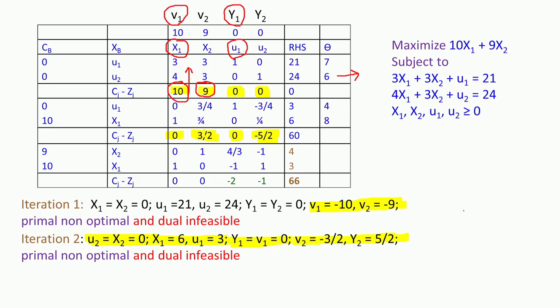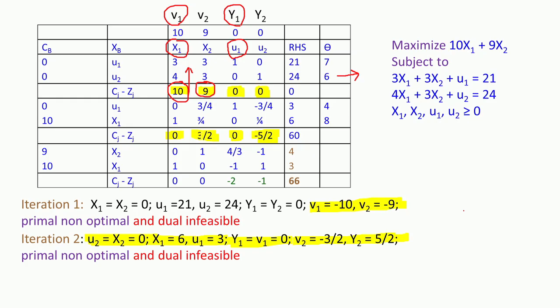So again what we do in this iteration is we are looking at another feasible solution to the primal with x1 equal to 6, u1 equal to 3, and we are evaluating the corresponding dual solution. The corresponding dual solution is still infeasible because y2 is positive but v2 is negative, negative of the Cj minus Zj.